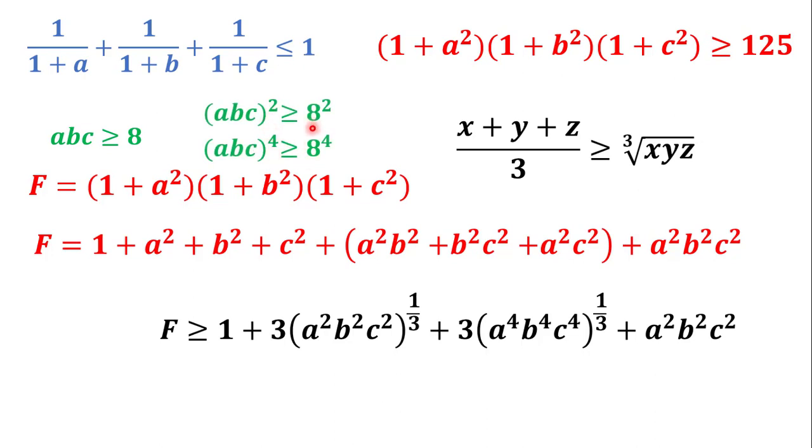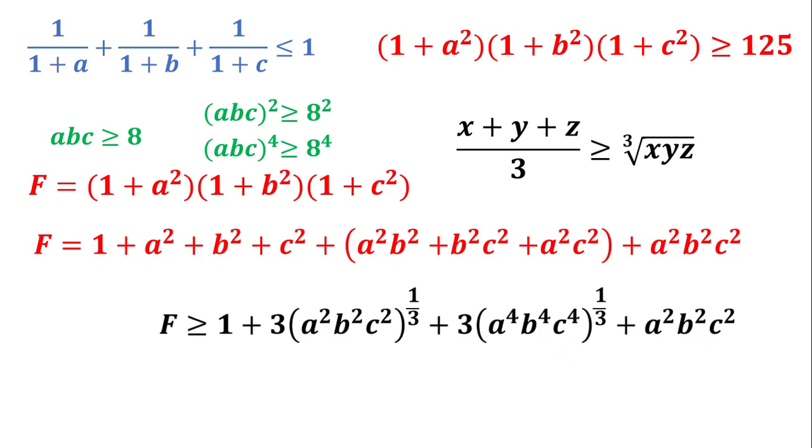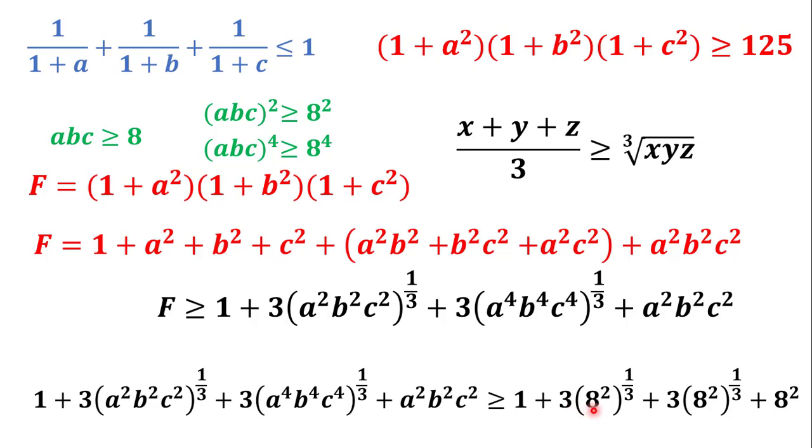By using this expression, we can say 1 plus 3 times (a squared b squared c squared) to the power 1 over 3 plus 3 times (a to the power 4, b to the power 4, c to the power 4) to the power 1 over 3 plus a squared b squared c squared is greater than or equal to 1 plus 3 times (8 squared) to the power 1 over 3 plus 3 times (8 to the power 4) to the power 1 over 3 plus 8 squared.